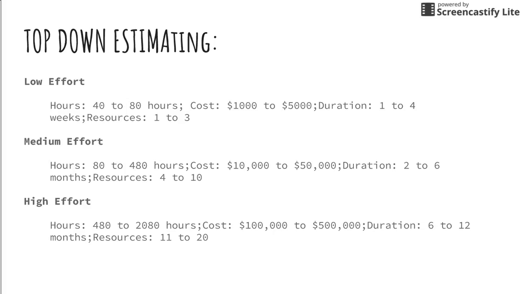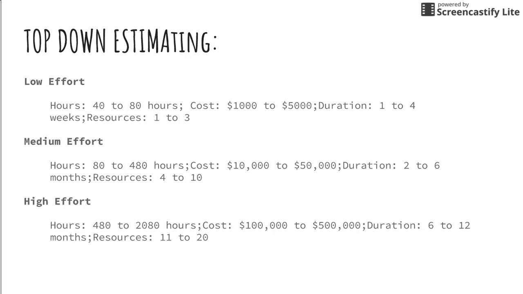You may know how much cost it will consume, or duration, or resources. For example, for low effort, the cost may go up to $5,000, duration up to 4 weeks, and the resources up to three.